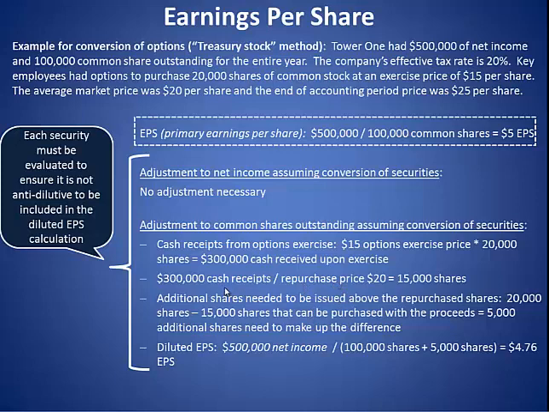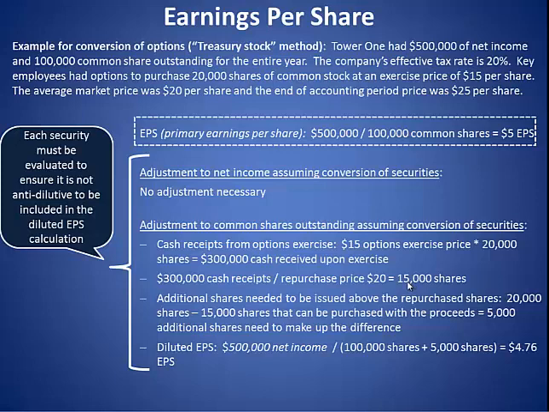So we take the $300,000 worth of cash receipts, we divide it by the average price during the year of $20 a share, and what that tells us is on average in the open market, we could have purchased 15,000 shares of our own stock to give to the employees purchasing the options.